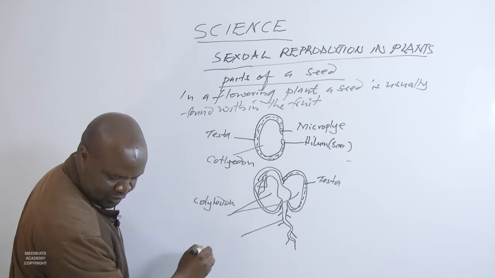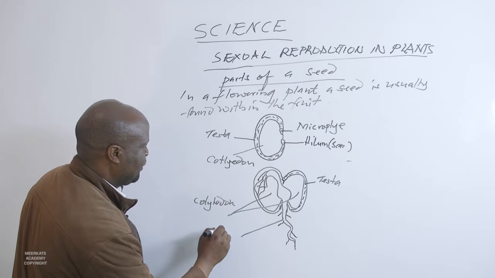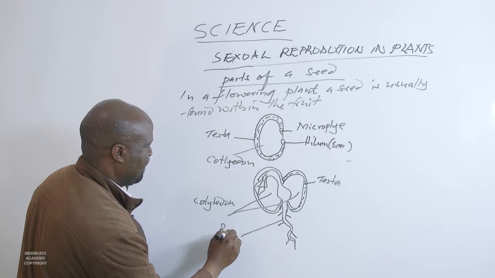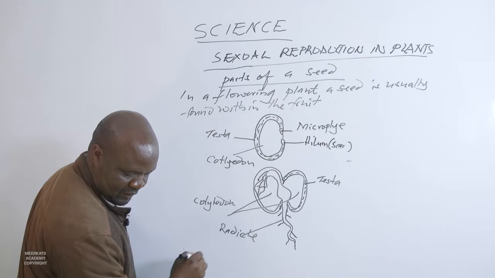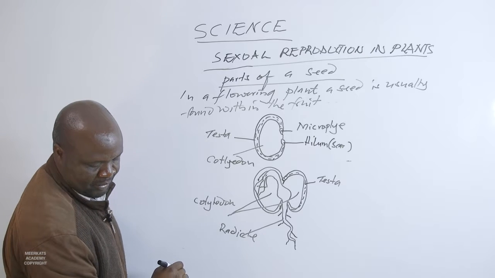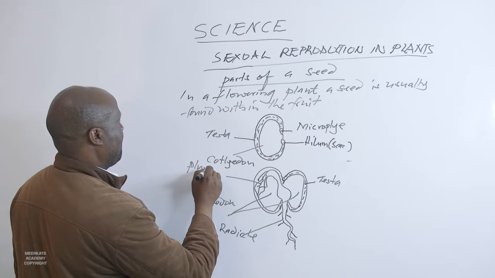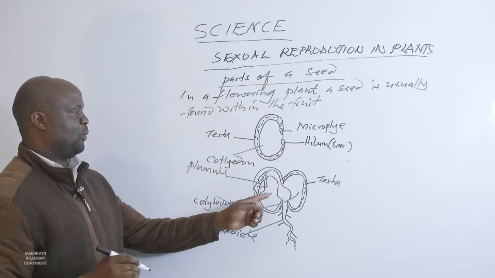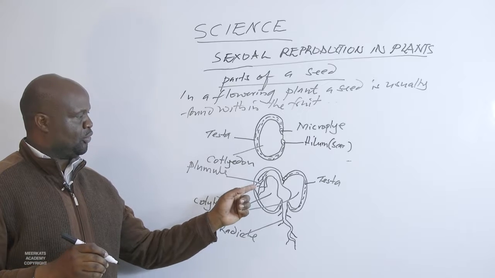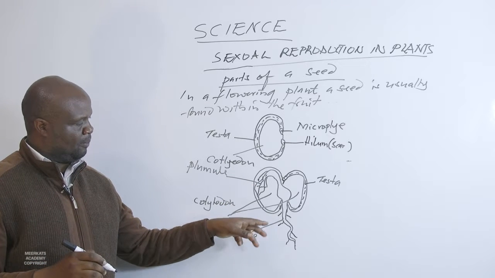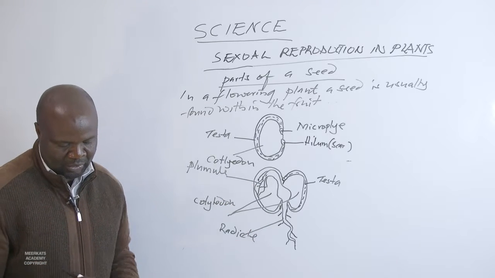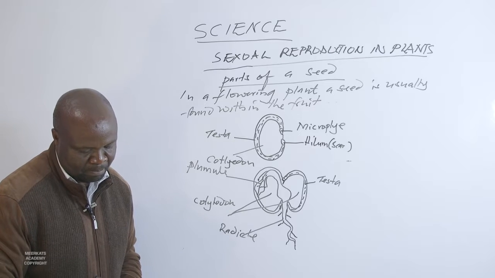We can have this one as the radicle, it's growing into a root. We can have this one as the plumule. What happens to the plumule? You can see it will grow into a shoot, while the radicle will grow into a root.